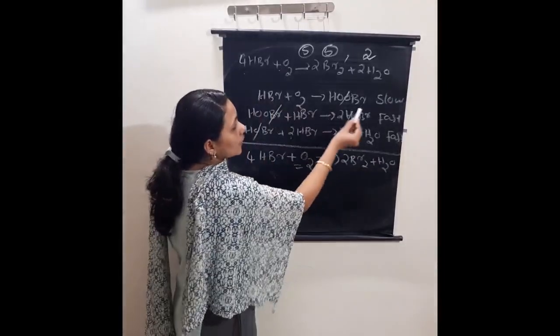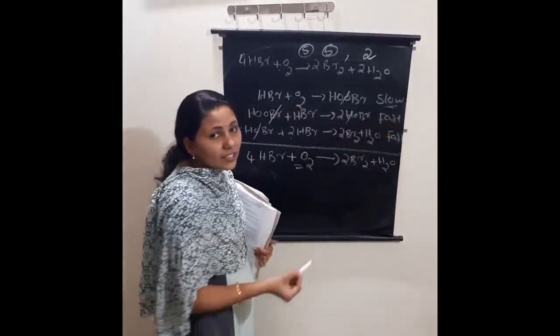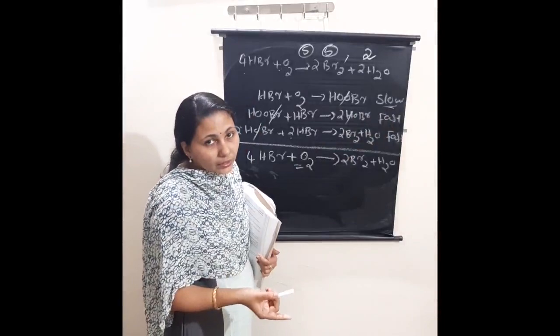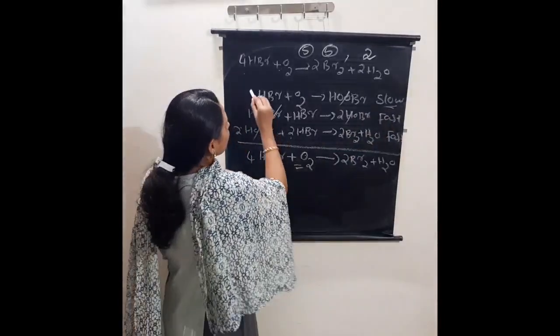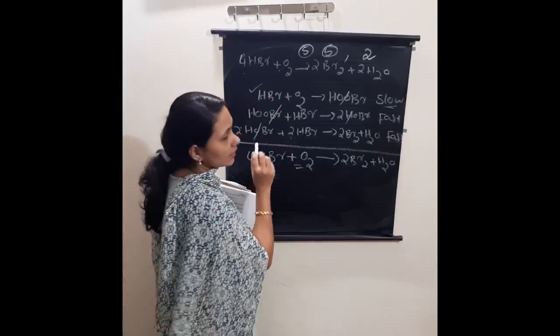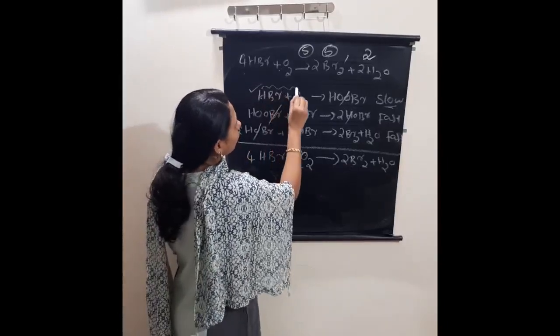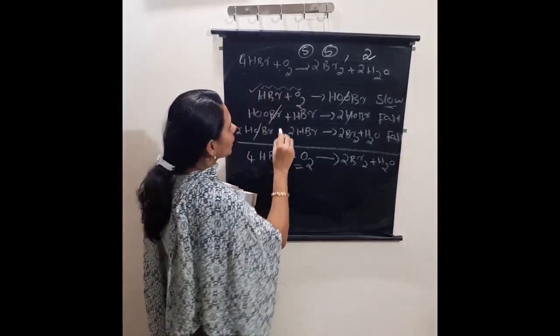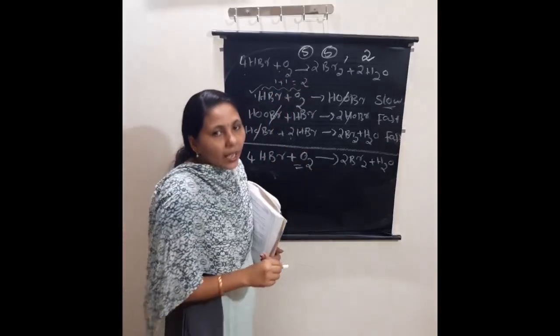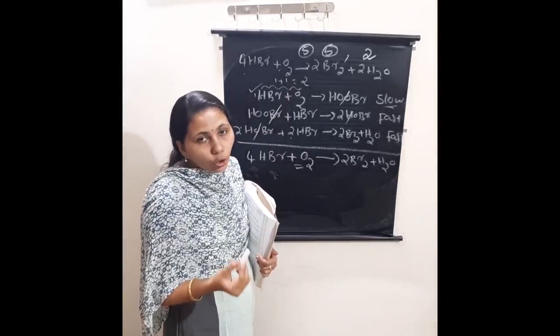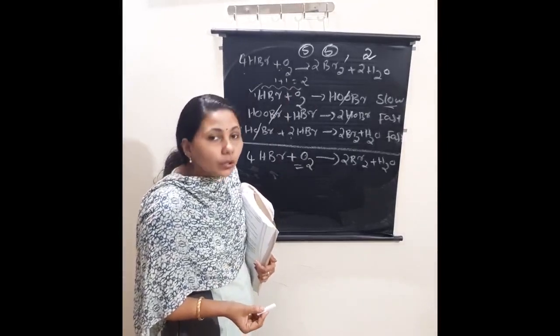In this, which one is the slowest step? That step will be used for calculating the order, rate and molecularity of the reaction. So for this reaction the molecularity is 1 plus 1 equal to 2, and experimentally it is found that the order of the reaction is equal to 2.